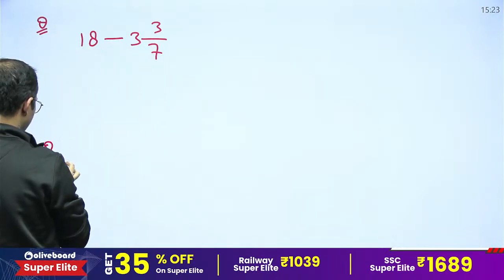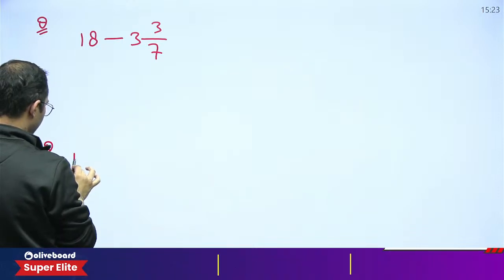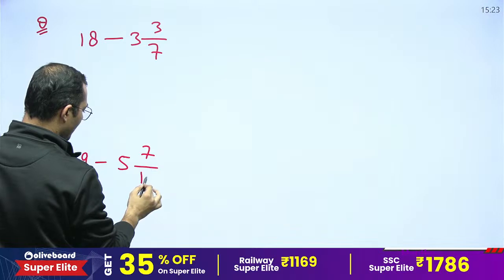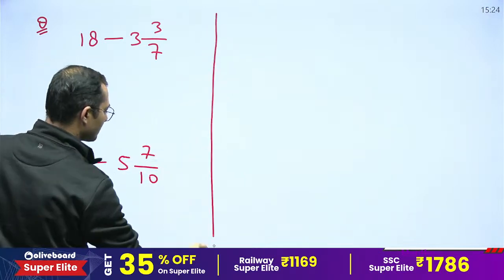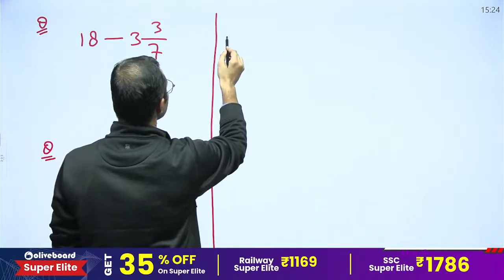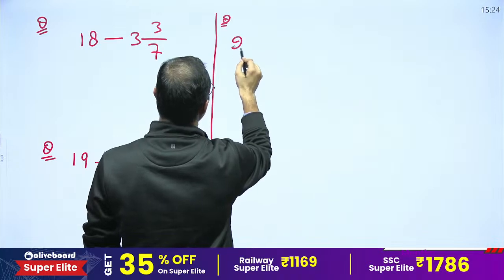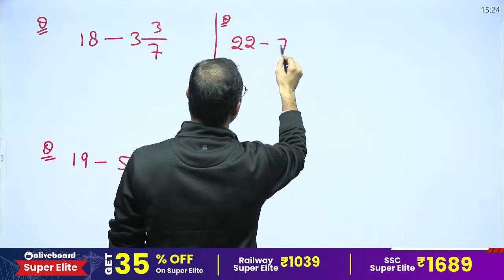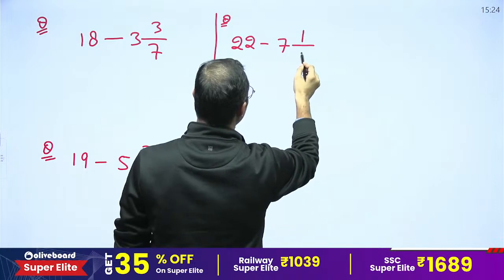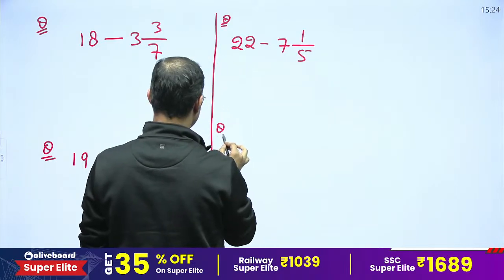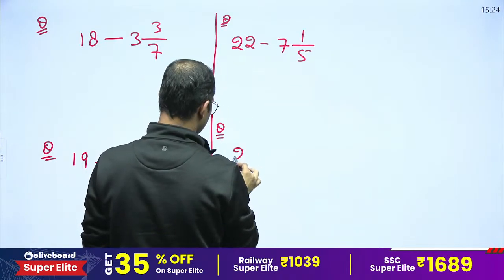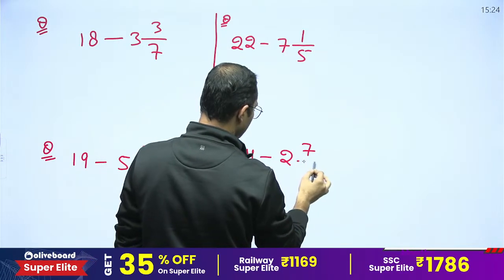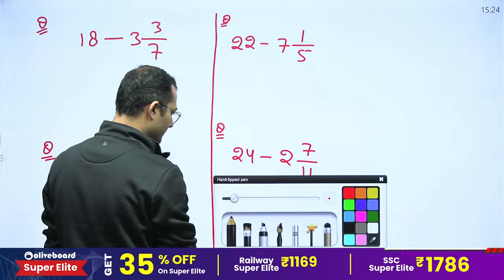Then 19 minus 5, 7 by 10. Then 22 minus 7, 1 upon 5.